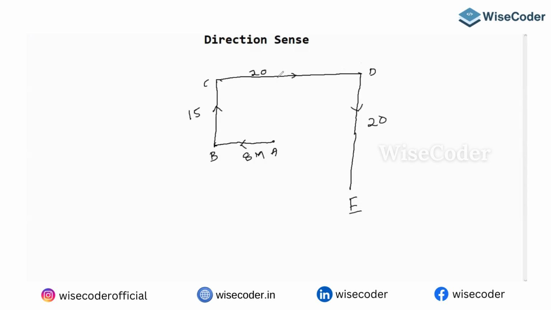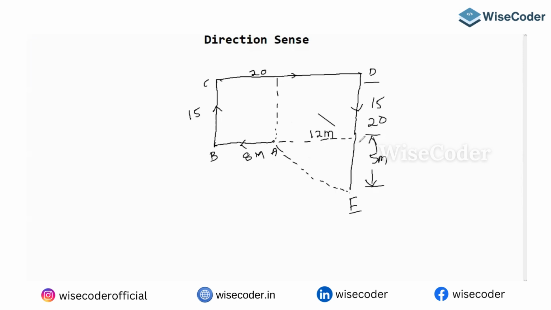If you closely observe, from the starting point to the ending point, what is the distance? A is the starting point and E is the ending point. This is 8 and this total is 20, so this will become 12 meters. This is 20, and till now here it is 15, so this will become 5 meters.